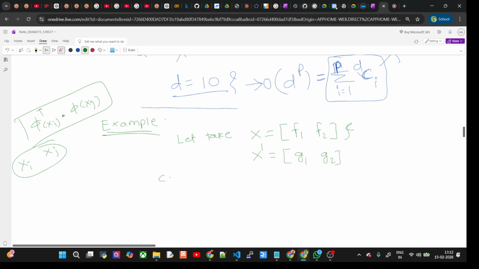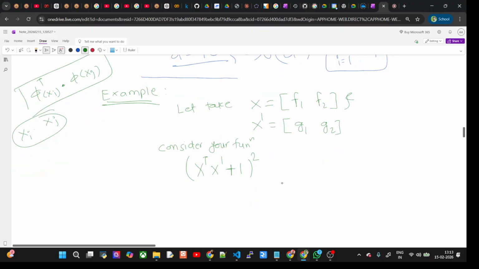And consider your function x transpose x prime plus 1, whole square. This is your lower dimension, and that square is showing its non-linearity. This is your function, and that function you want to project into the higher dimensions.